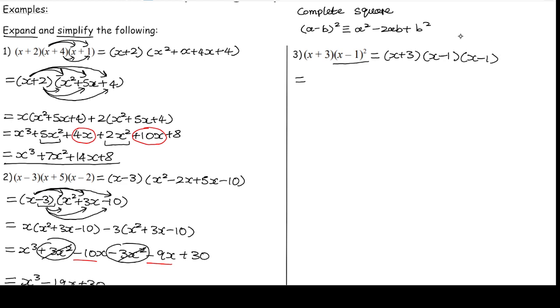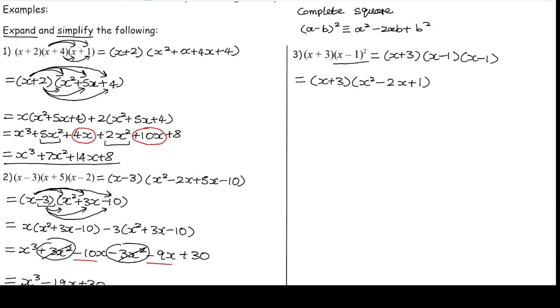So I can expand this completed square much more easily using this formula. So that will become x plus 3 lots of, well, x squared, minus 2ab is minus 2 times x times the 1, so minus 2x, b squared is 1 squared, so plus 1. So that simplifies to x squared minus 2x plus 1.